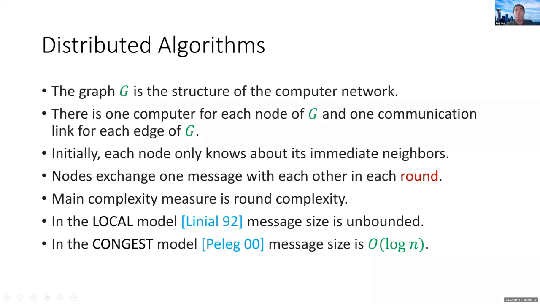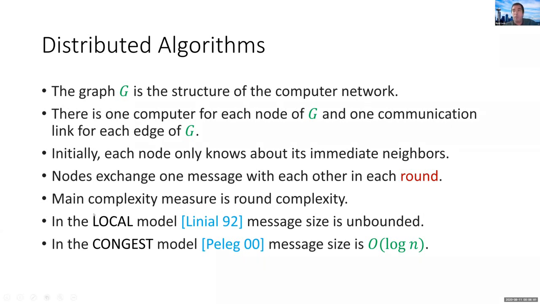Afterwards, nodes exchange one message with each other in each round. In each round, a node sends messages to its neighbors, collects the messages that are sent to it, and performs a local computation. For these models, the main complexity measure is round complexity, namely, how many rounds are required in order to perform a computational task.